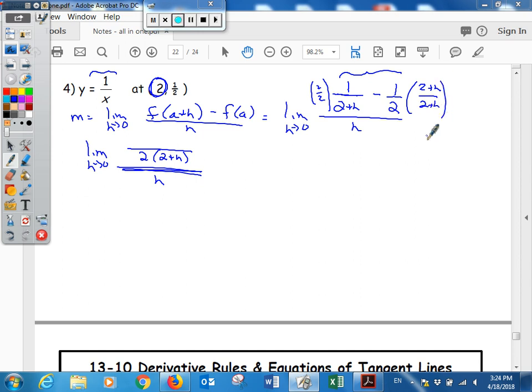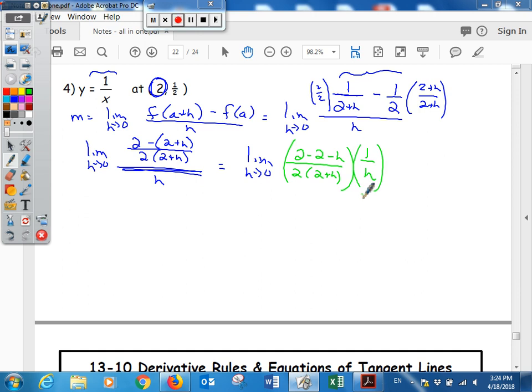And so that would give me 2 minus 2 plus h. Okay, rewrite it so that I've got stuff simplified. So 2 minus 2 plus h over 2 times 2 plus h. And then instead of divided by, I'm going to multiply it by 1 over h.